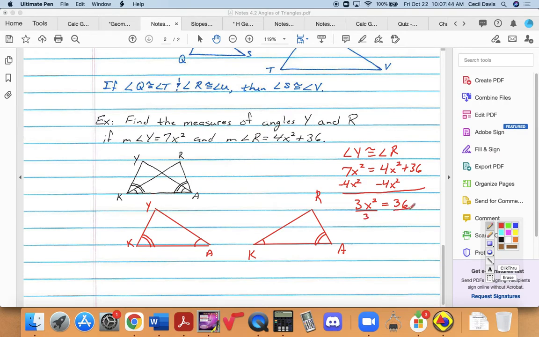Divide both sides by 3. And I get x squared is 12. And then I'll take the square root. And I can take both the positive square root and the negative square root. This is either plus or minus the square root of 12. And yes, you need both the positive and the negative.